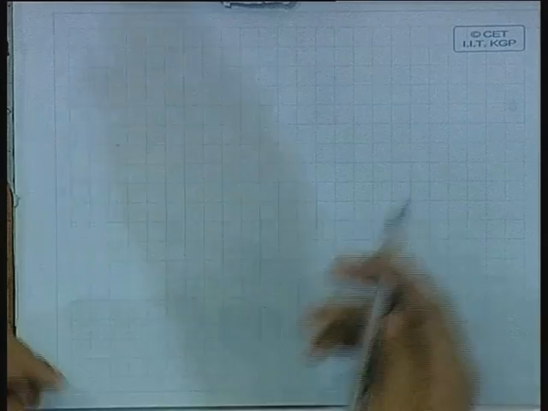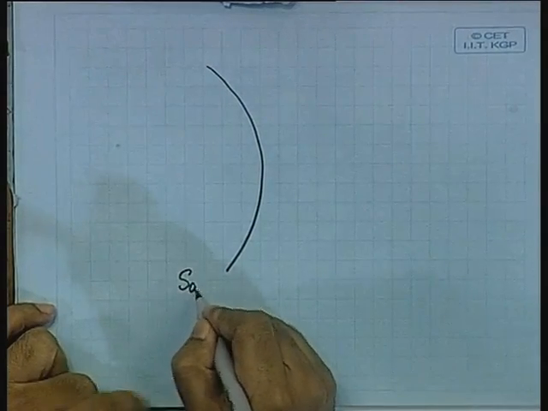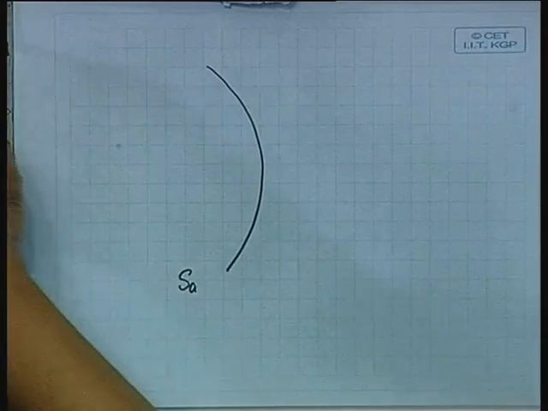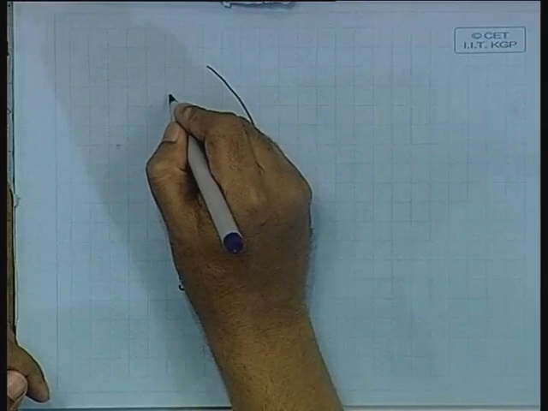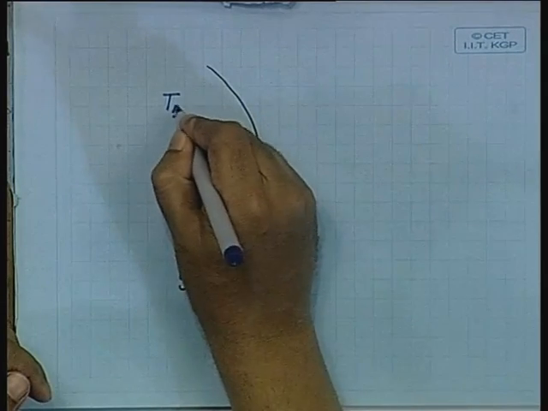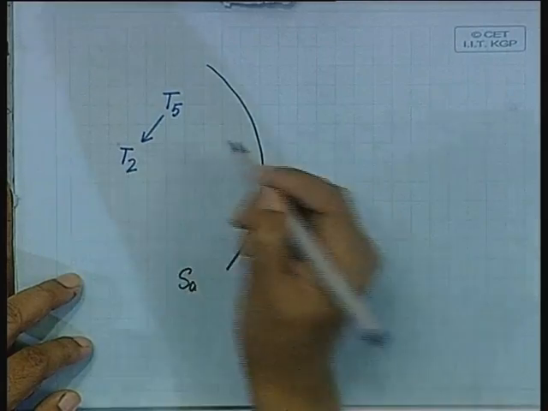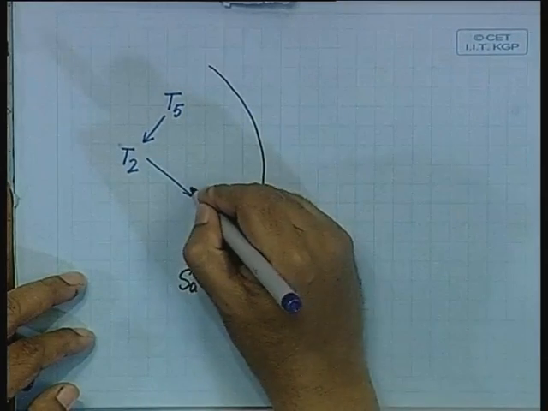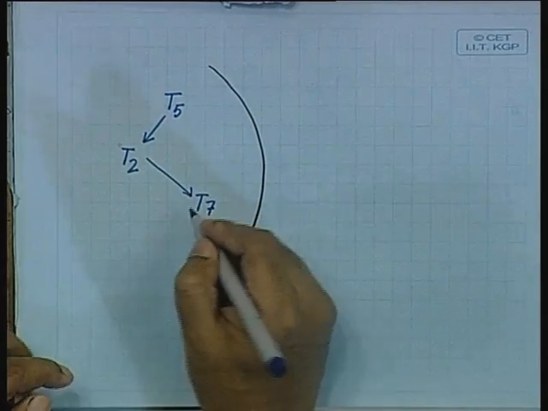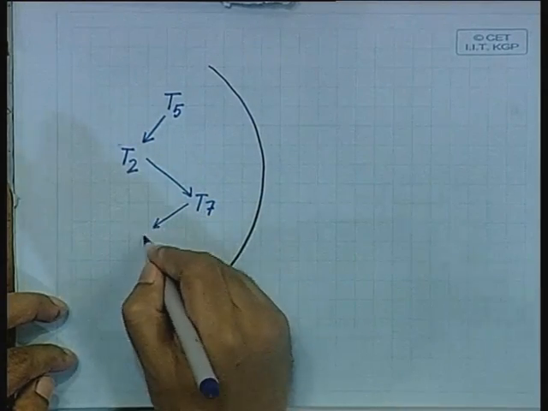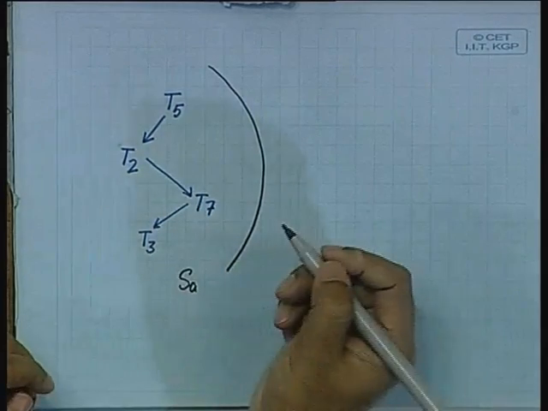At a given site SA, we have the transactions which are waiting for something. So, maybe I have T5 waiting on T2, T2 waiting on T7, T7 waiting on T3, okay.